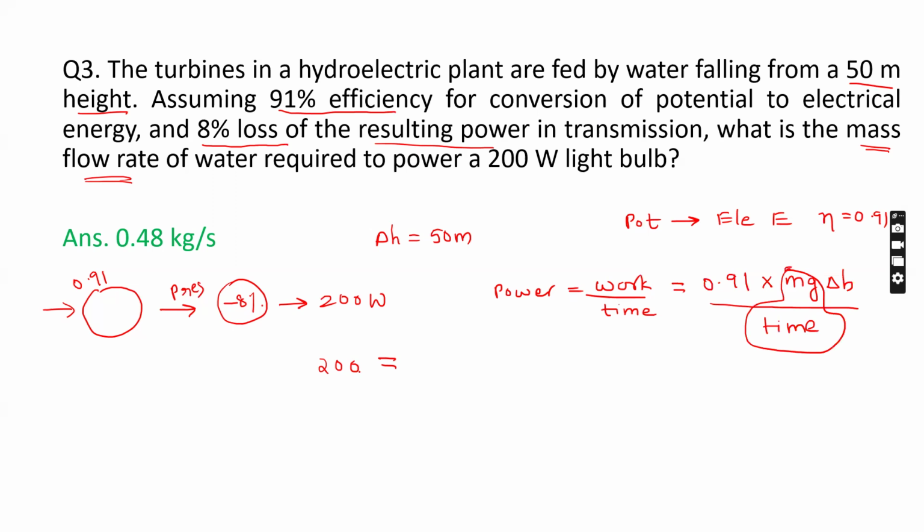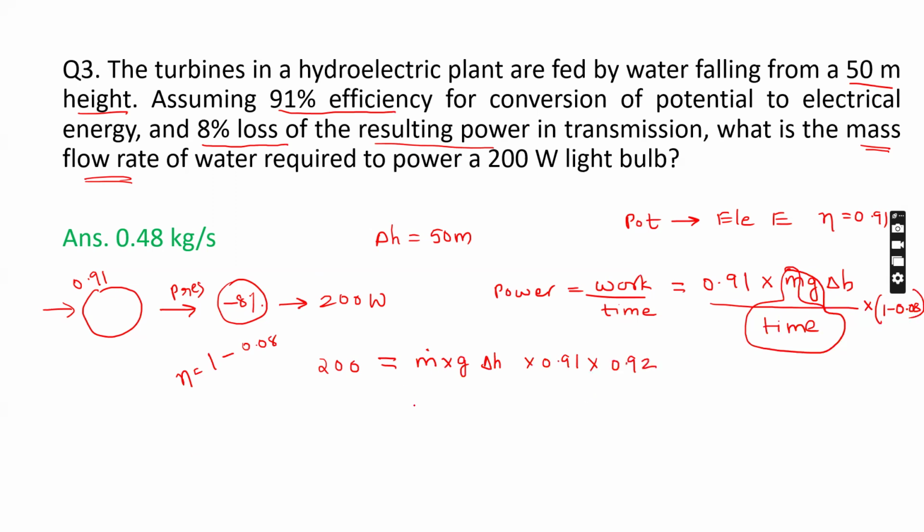Okay, so this 200 is equal to m dot into, okay, here this 200 watts is coming with a loss of minus 8%, right? So I would consider 1 minus 0.08. Again, this is 8%, so 0.08. Right? So I would say m dot into g delta h into 0.91 into 0.92, which is this 1 minus 0.08.